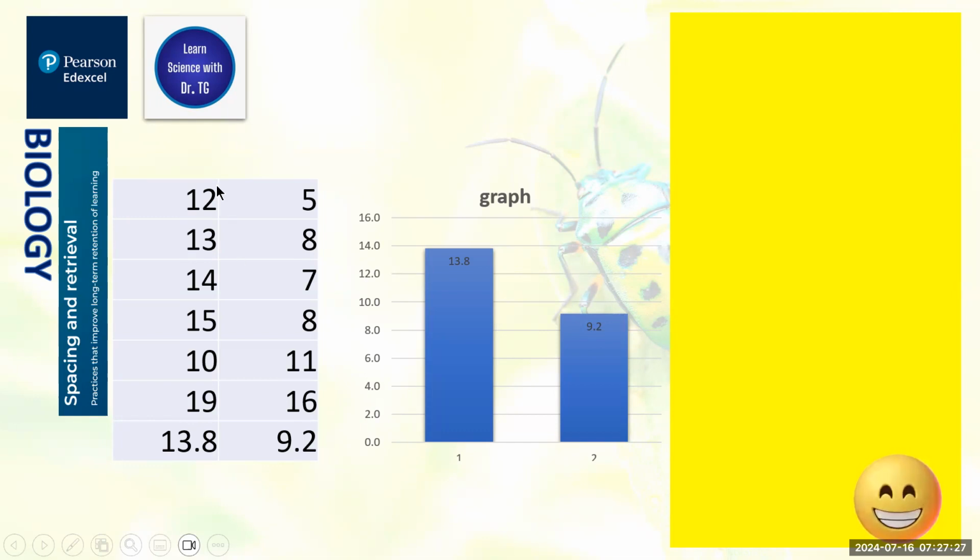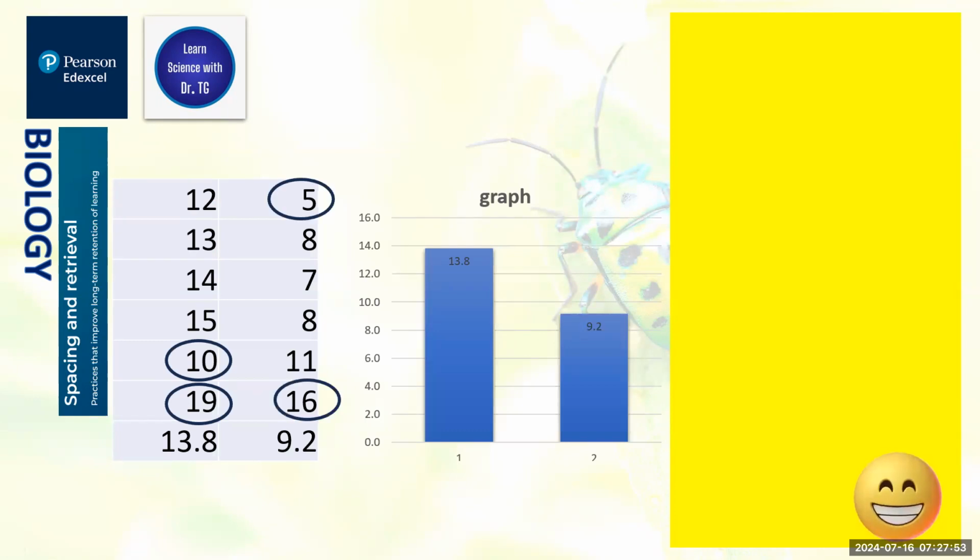We treat conditions, and the medicine helps to reduce these conditions to 9.2. Then what we do in statistics: for the first set of data, we find the highest value and the lowest value. The highest value is 19, the lowest value is 10. In the second set of data, we do the same thing: we take the lowest and highest values, 5 and 16.